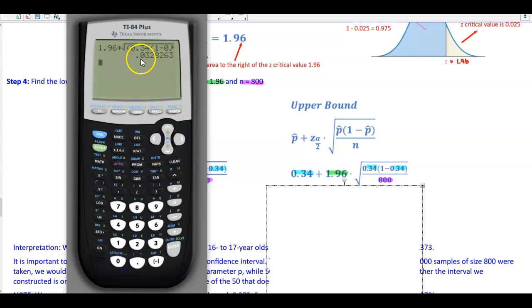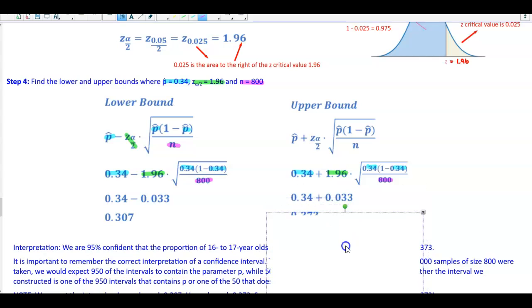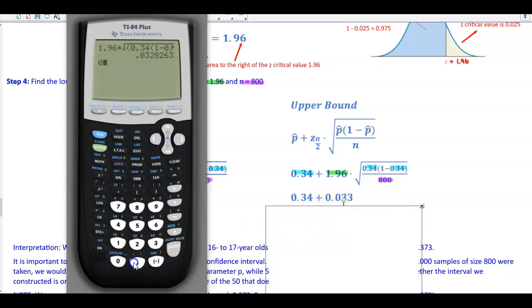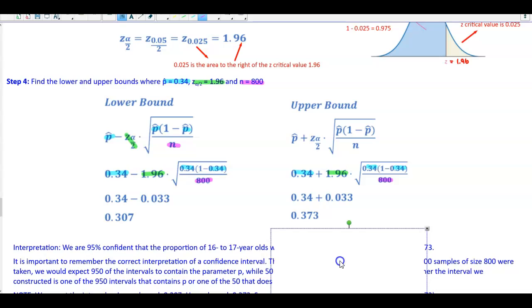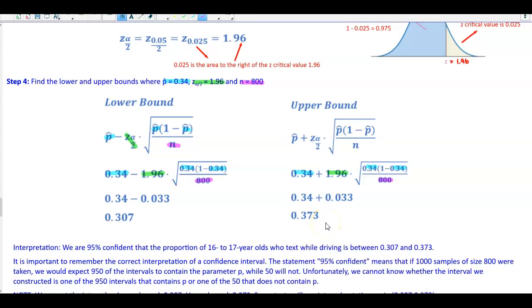That gives us 0.033 again, correct? That's what we did earlier. So now we take 0.34 and add this second answer, and it should give us 0.373, which is what it gives us here, and that represents our upper bound.